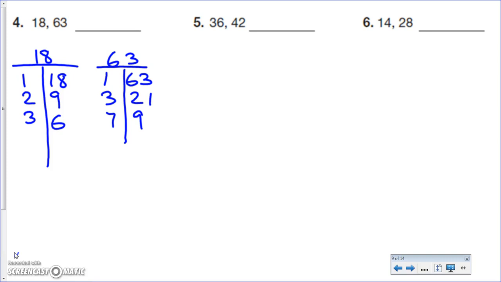Now we're going to go through and circle the common factors between both lists. As we look at the circled factors, we can see that 9 is the greatest, so 9 is our greatest common factor.